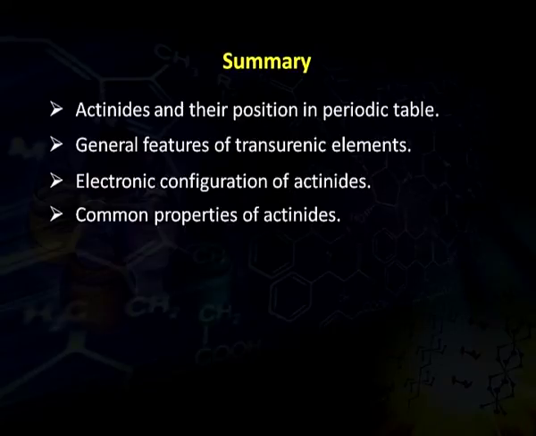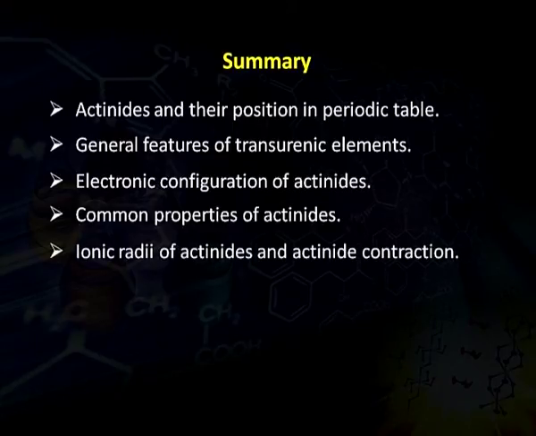The common properties of actinides, either its appearance or its turning tarnished due to the formation of an oxide layer on it, were discussed. The ionic radii of actinides, the same as the lanthanides, decrease.